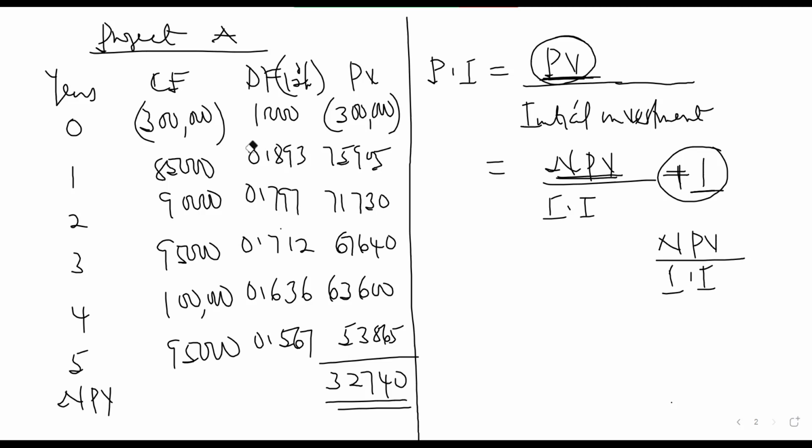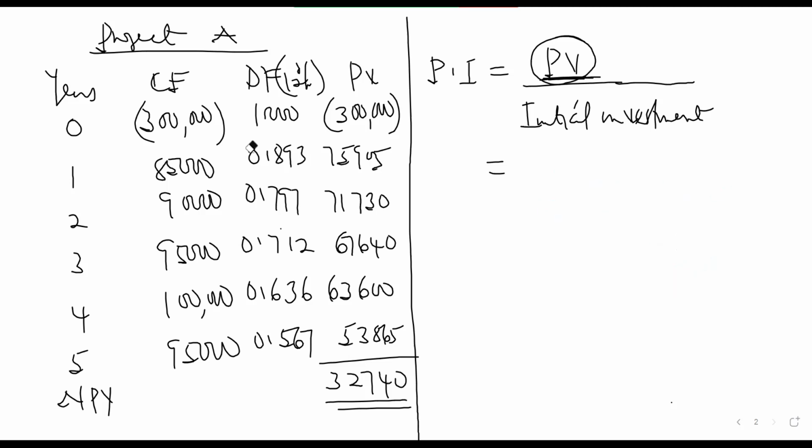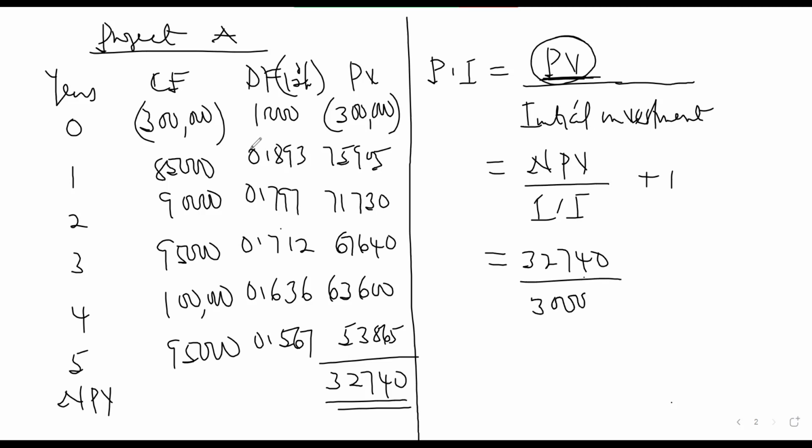So what we do is we use the NPV over the initial investment, then we add 1 to it. But if you are not adding a 1, then your profitability index calculation must be NPV over initial investment for all the projects. So let's count: 32740 divided by initial investment of 300,000.